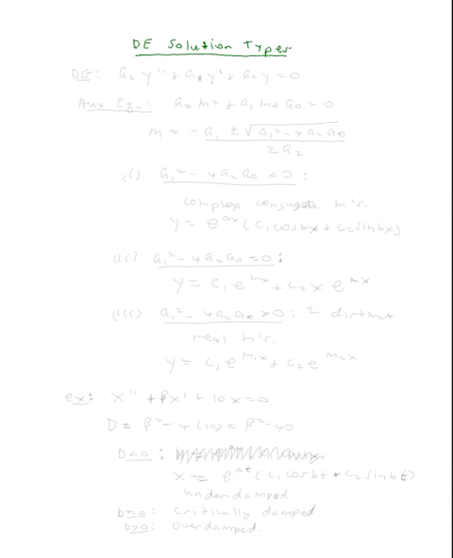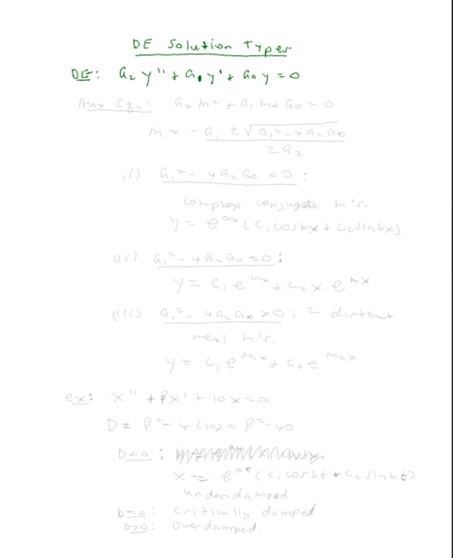A very simple case of doing this is the second order linear homogeneous differential equation with constant coefficients. It has this form: a sub 2 times y double prime plus a sub 1 times y prime plus a sub 0 times y is equal to 0. This is the differential equation.